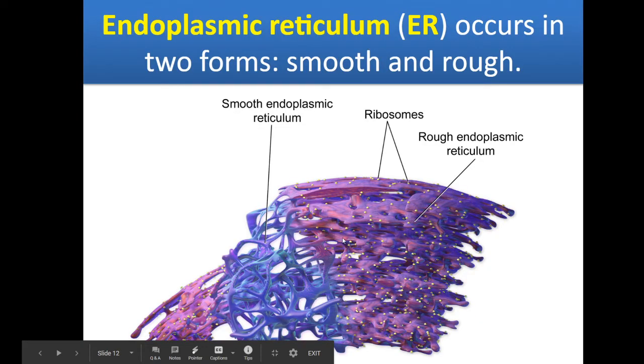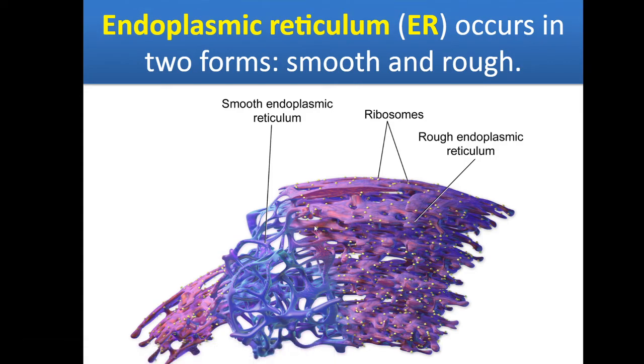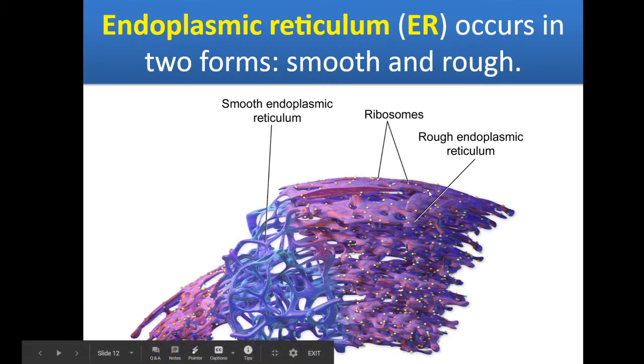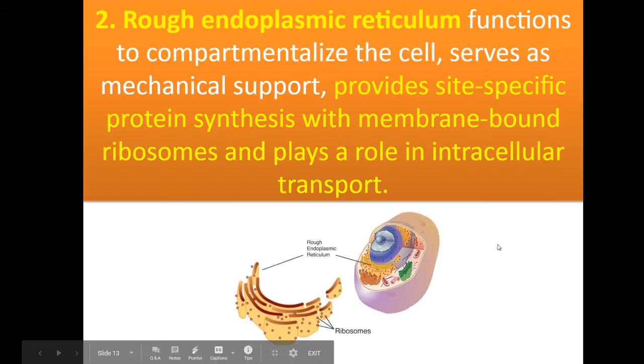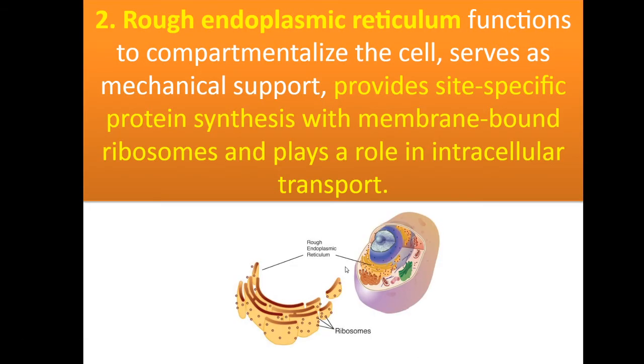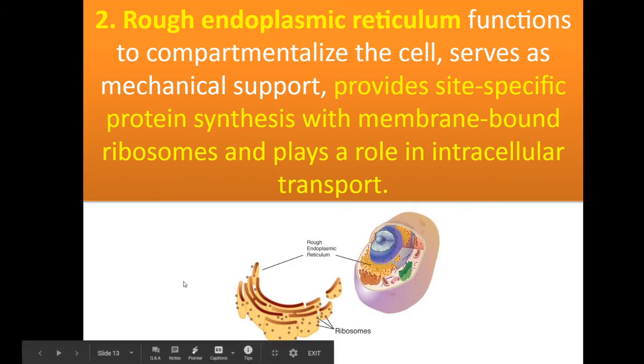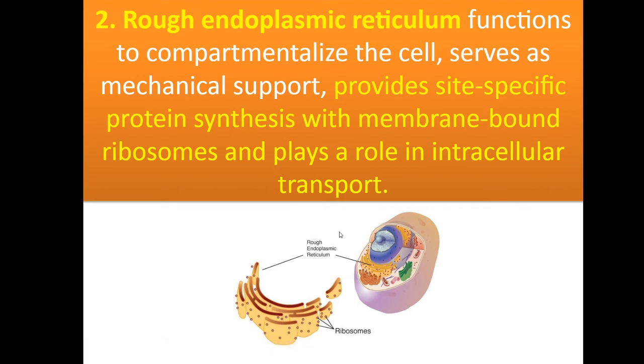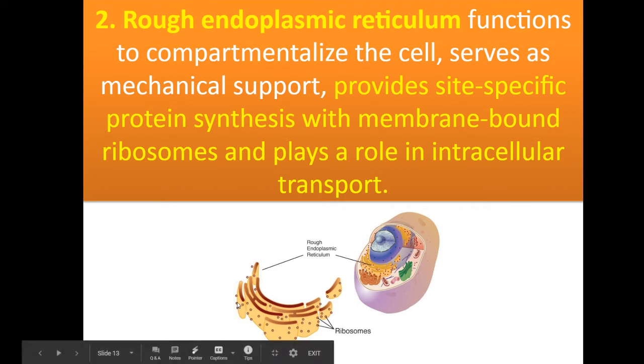Then we've got the endoplasmic reticulum, both forms, smooth and rough. The only difference is whether or not they have ribosomes on them. If they have ribosomes, we call them rough because they look bumpy. If they don't have ribosomes, we call it smooth because they don't look bumpy. Now, the rough ER is going to be a site for specific proteins. You see how the ribosomes are kind of embedded into the membrane here?